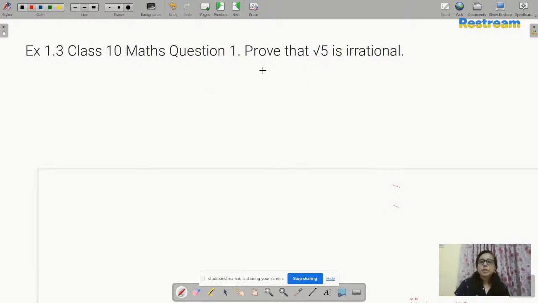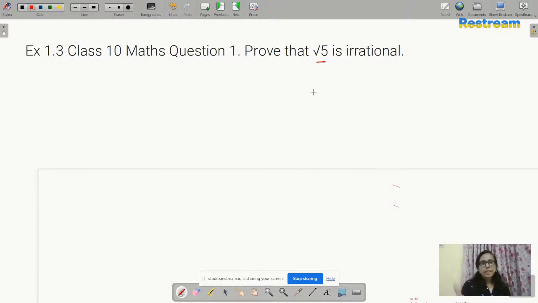Am I right? If you want to prove root 5 is irrational, we prove it by the contradiction method. In your textbook, only in the 10th standard we study this method. We take the contradiction method and prove that it is irrational.